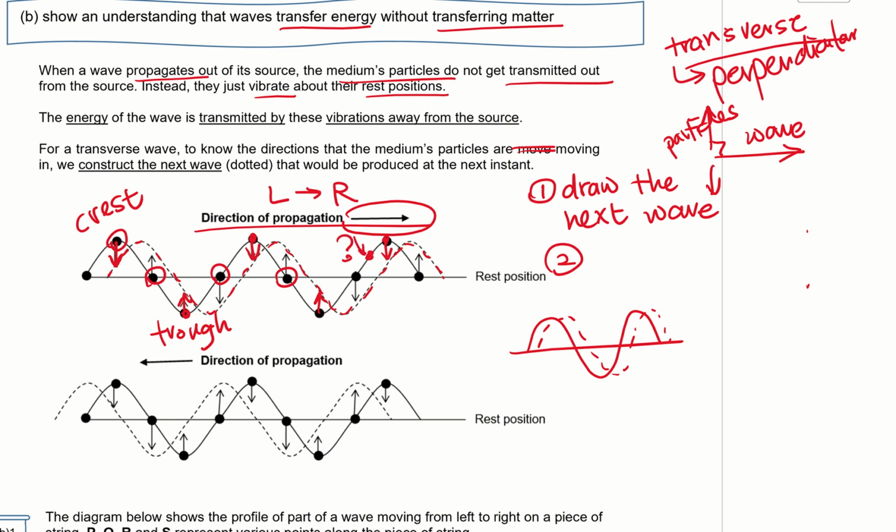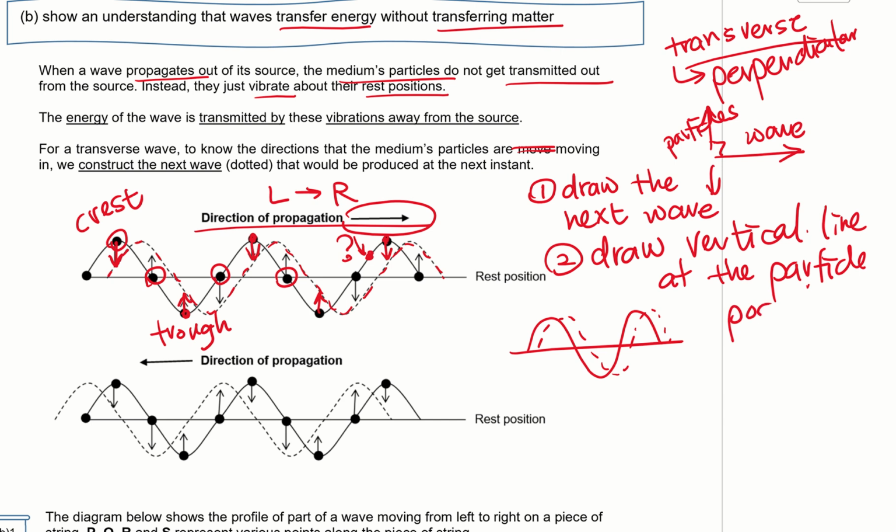How about this? After drawing the next wave, the next step that you do is draw a vertical line using your ruler at the particle's position. So we want to know about this particle, so we draw a vertical line.